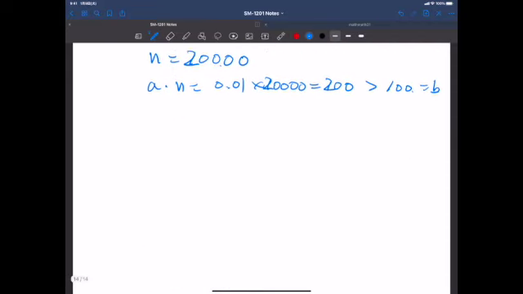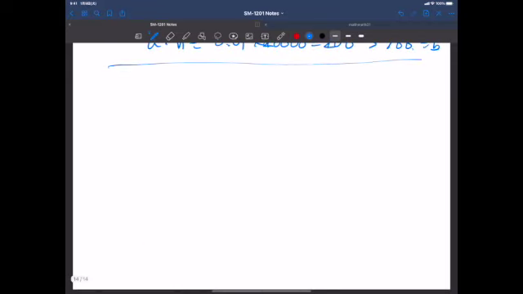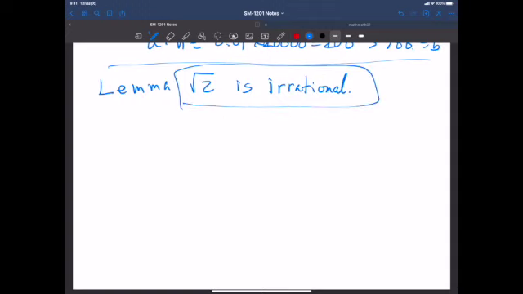Okay. Now, using this fact, let us prove this lemma: square root of 2 is irrational. So how can we prove this?